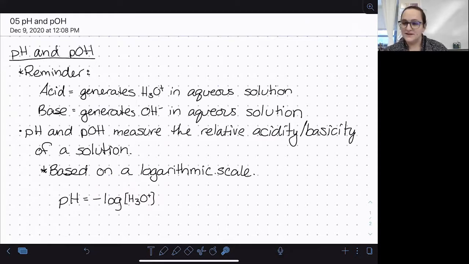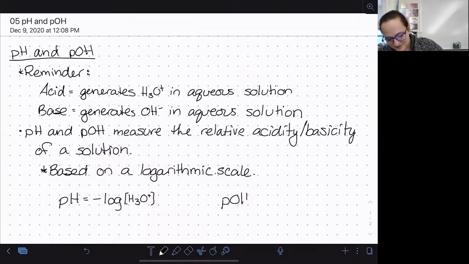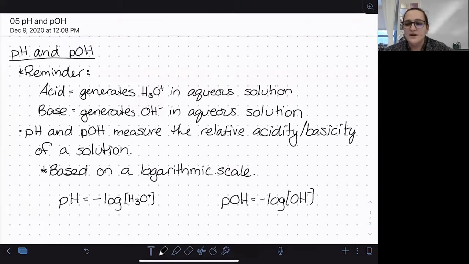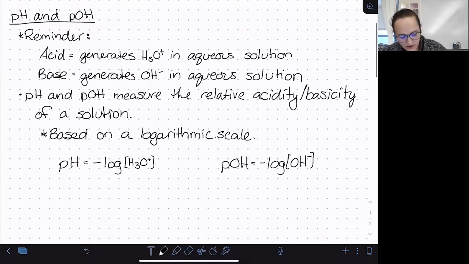pOH is exactly the same thing, just based off of the hydroxide ion concentration. So the pOH of a solution is the negative base 10 logarithm of the hydroxide ion concentration. If we want to go in the other direction, we want to calculate the hydronium or hydroxide concentration from the pH, the inverse function of a logarithm is an exponential.